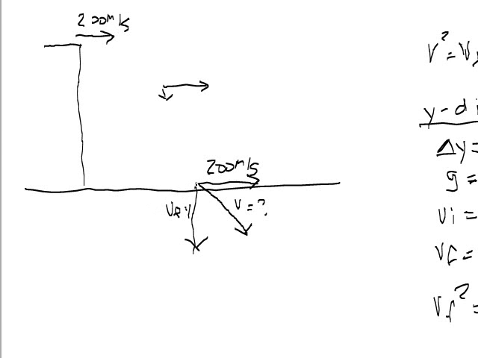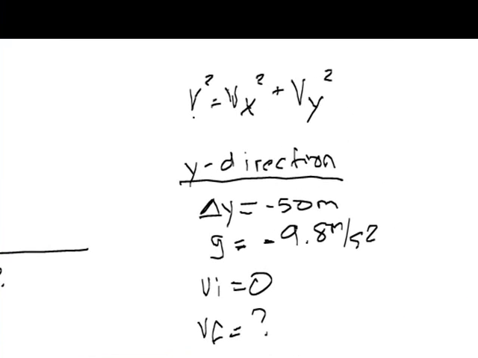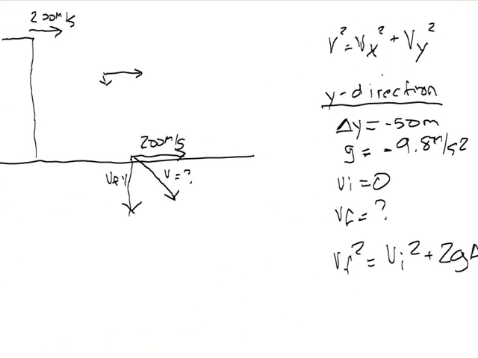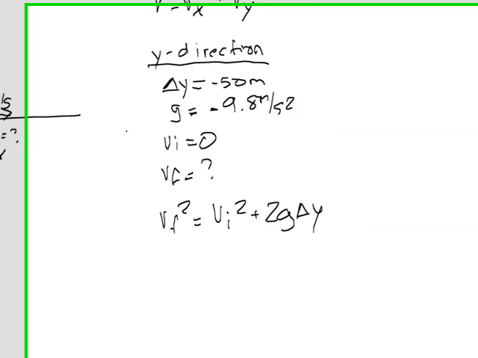The vector sum of Vx plus Vy just before impact will give us the impact velocity V. That means that we'll need to use the Pythagorean theorem to calculate V, where V squared is equal to Vx squared plus Vy squared. So the first thing we need to do is calculate the final y velocity just before impact.